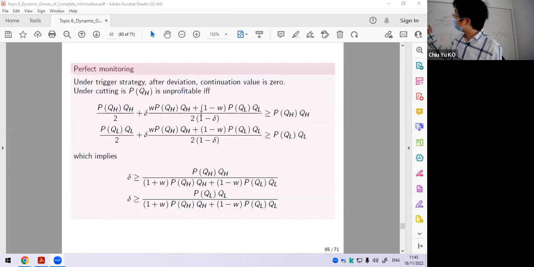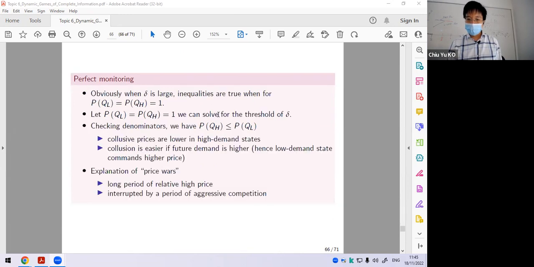So this is the proof. I'm not going to go through it. I think by now you should be able to see the difference. And one important thing I said is that in the good state of the world, the price is actually lower than the ideal. One reason you can collude here is that if you deviate, the future is brighter tomorrow, because now you're in the best state.